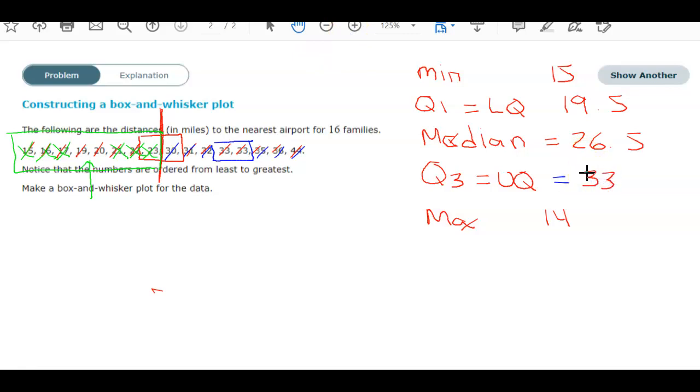Okay, so now we're going to create a box and whisker plot. We're going to come down to the bottom here, and I'm going to do this with a straight line. We're going to make a number line down here.